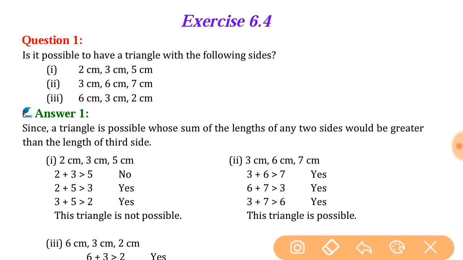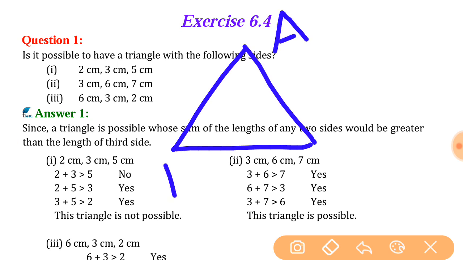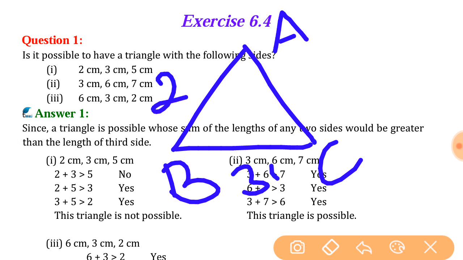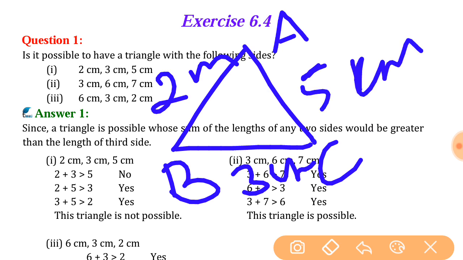Usually we draw the triangle by measuring, or without measuring also. But if the sides' measurements are given, it may be 2, 3, 5. One example I am taking, anyway you can take.